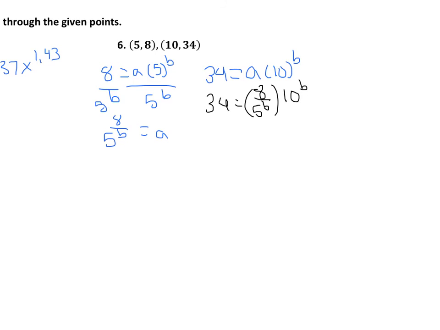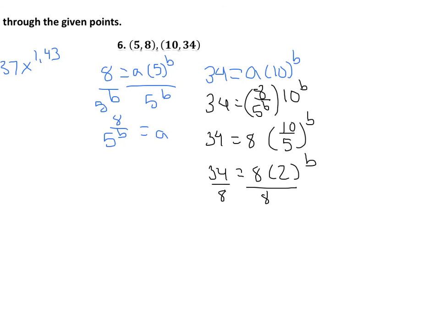And then we can separate these things. So you have 34 equals 8 times 10 divided by 5 to the b. 34 equals 8 times 2 to the b. Divide both sides by 8. You get 4.25 equals 2 to the b.